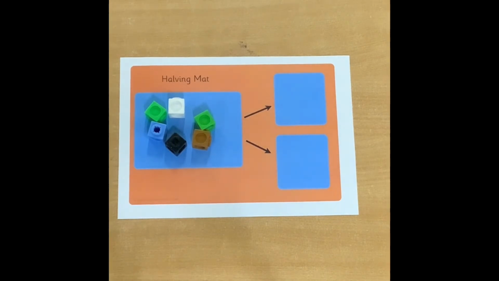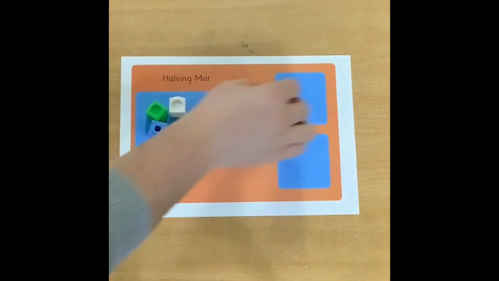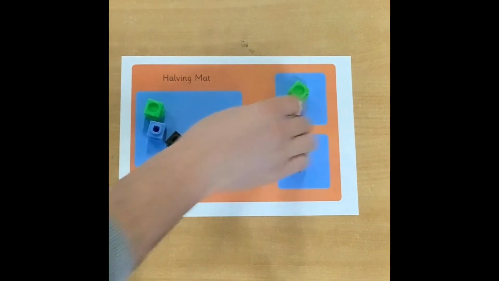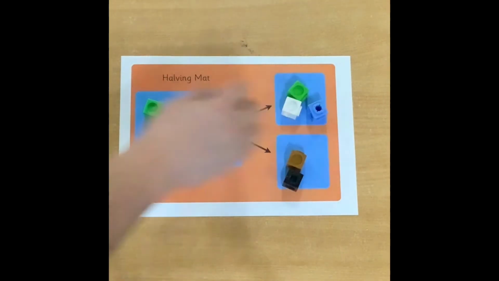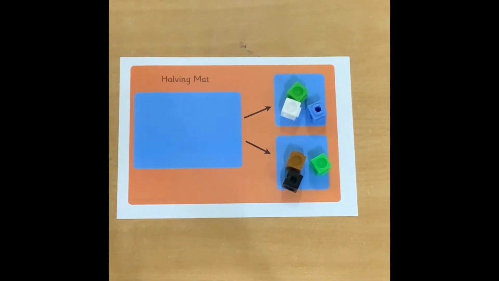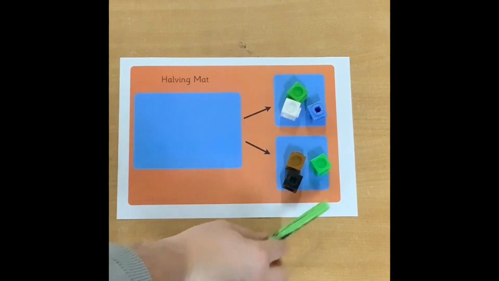We're going to split 6 into 2, or divide 6 into 2, or, a word we've been practicing quite a lot, we can share 6 between 2. Okay, so 1, 2, 1, 2, 1, 2. So half of 6 is the amount in one of these boxes, which is 3. So half of 6 is 3.